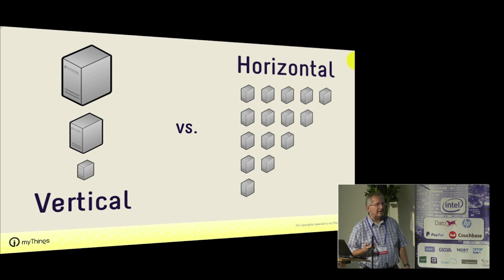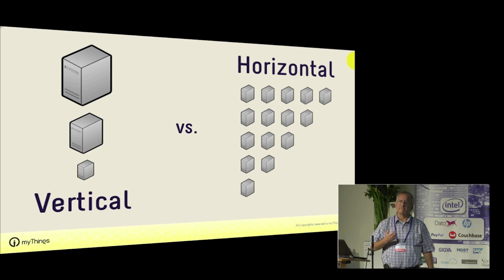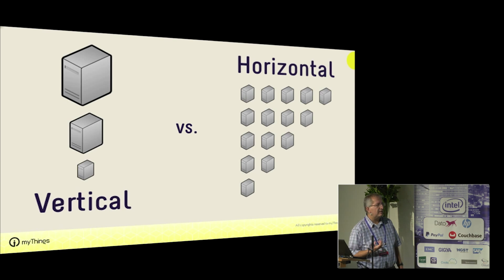In many cases, they may pay even 5 or 10 times and just get 2 or 3 times the performance. So they realize at a certain time, after they start scaling this way, that there are many limitations to scaling it this way.